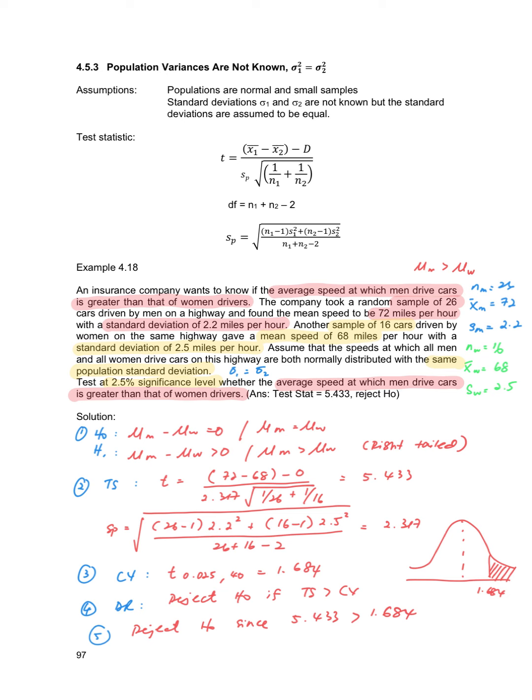Maksudnya kita accept claim H1 lah, sebab since kita reject H0, so we accept H1. So H1 tadi kita dah tulis, average speed by men drivers is more than women drivers.